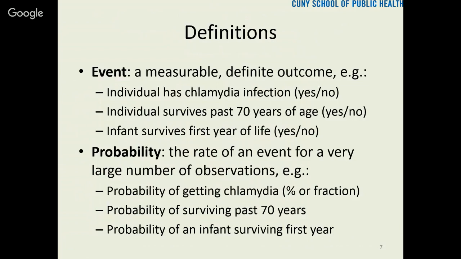So if you look at 1 million people and 700,000 of them test positive for something, then the probability of that outcome is 70%. But you have to make many observations. Well, you don't have to make 1 million. The more you make, the more accurate your estimate could be, but it's something that you can only estimate from repeated observations.